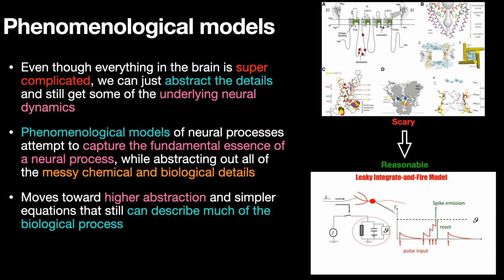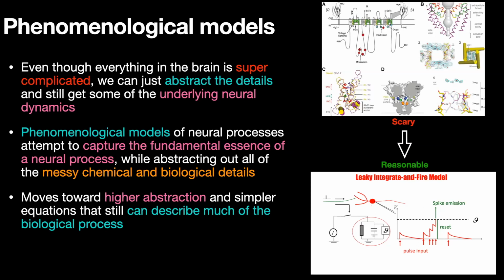We want to move toward higher abstraction that still captures as much of the biological process as is necessary to still benefit from brain-like computation. On the right, at the top, you have something very scary, and nobody likes that. And at the bottom, you have something nice and simple and understandable, and we do like that.